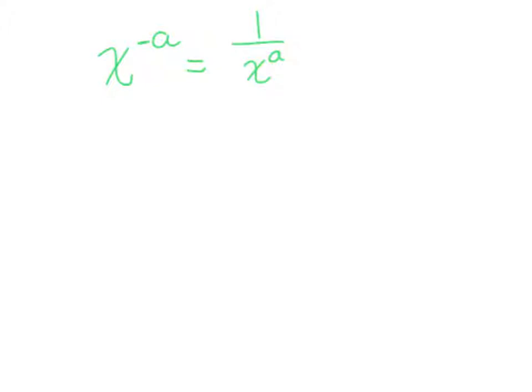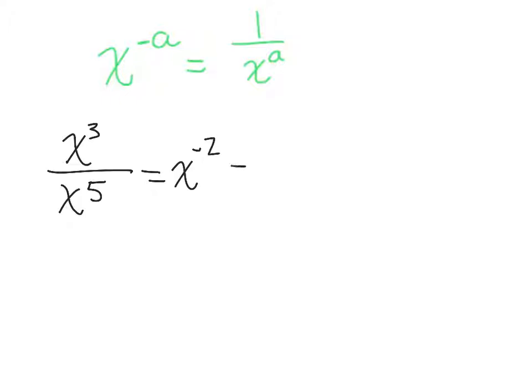So let's say we have a fraction, and I have x to the 3rd over x to the 5th. Now, realistically, we would do 3 minus 5. Again, we always do the numerator minus the denominator. So that's going to give me x to the negative 2.